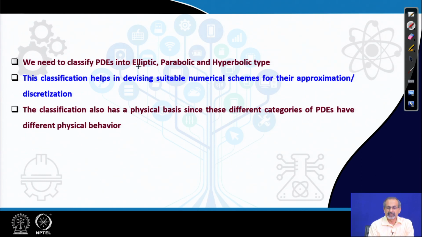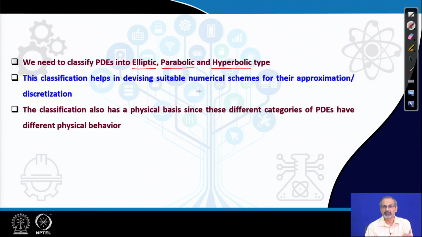In terms of classification, there are three broad categories in which we can distribute them: elliptic, parabolic and hyperbolic. We try to classify them this way because when we start developing numerical schemes to approximate and solve them in computational aerodynamics or computational fluid dynamics, we have to devise numerical schemes appropriate to each type of partial differential equation.